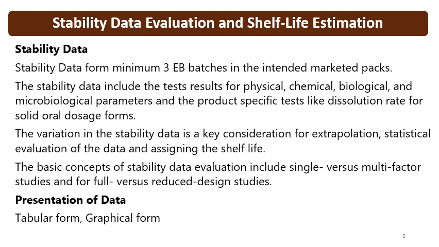The stability data include the test results for physical, chemical, biological and microbiological parameters, and the product specific tests like performance tests. For example, it is a dissolution test for solid formulations.